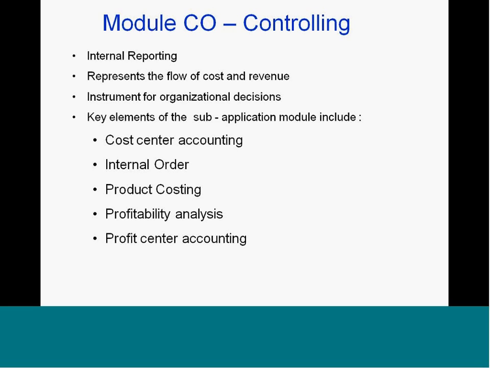And next, we have the internal order. Okay. So what is this internal order? Now, in cost center, we are completely taking that cost center into the picture. But in the cost center itself, you have some other expenses where you want to get a special, exclusive report for that. Now, let's say you have a marketing department, marketing cost center.